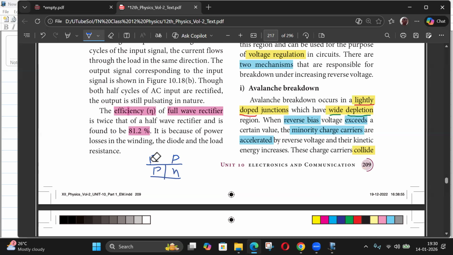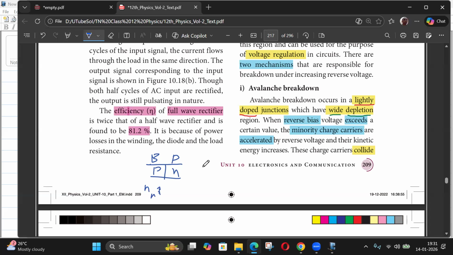For this P side, I add boron as impurity to create these extra holes. But if I add more boron, it means doping is high. Then the number of holes will be more. I can increase the number of holes. Similarly, if I add more impurity, that's heavily doped, meaning the number of free electrons will be more.